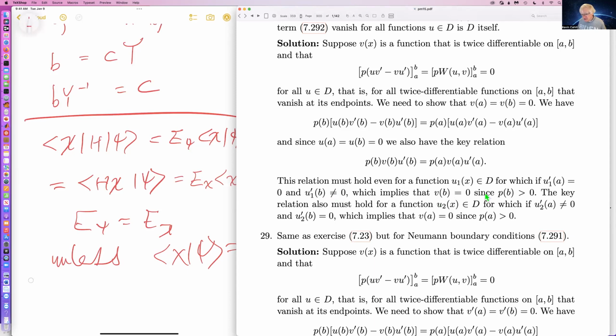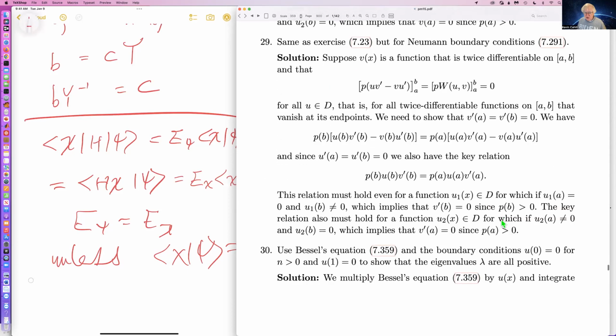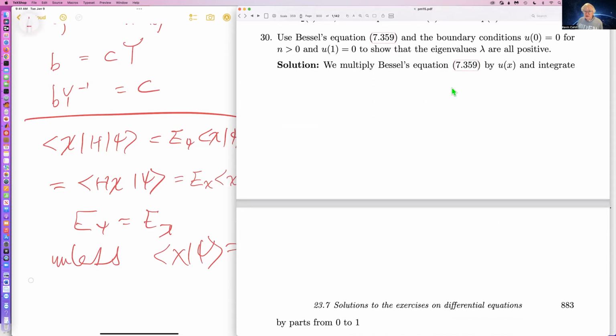And then that implies that V(B) is zero, since P has to be positive. And this must also hold for a function U2, for which U2 prime(A) is not zero and U2 prime(B) is zero. And then that implies that V(A) is zero, since P is positive. Well, this is sort of a long-winded thing.